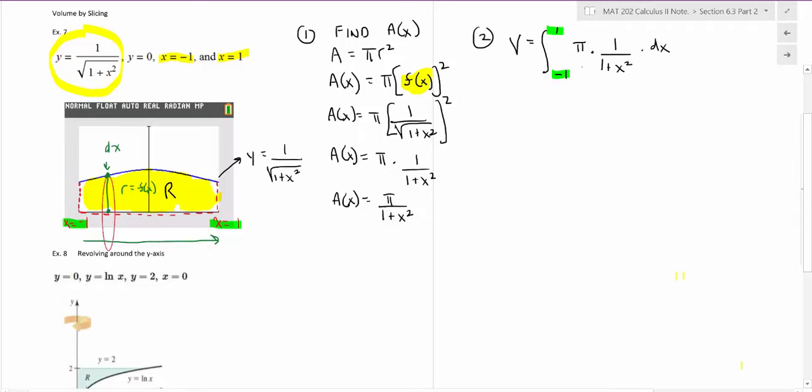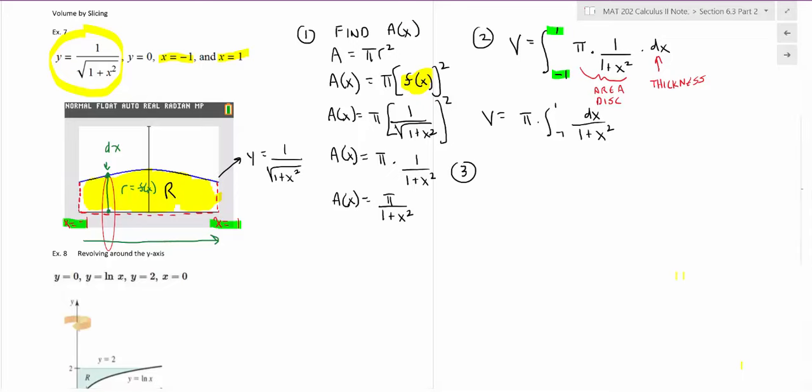Again, I want to stress that that part right there is the area of the disk, and this part right here is the thickness of that disk. So you're summing volumes of disks. All right, so when I set up this integral, I'm going to have V equals, and I'm going to bring the constant out to get pi times the integral from -1 to 1 of dx over 1 plus x squared. And then step 3, we're going to do the integral and evaluate using the fundamental theorem.